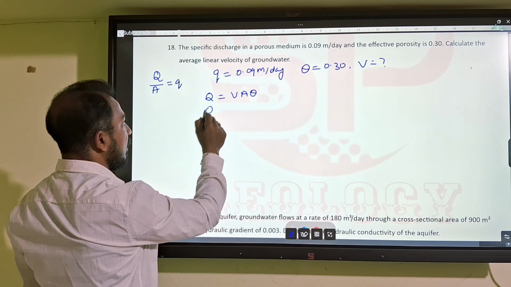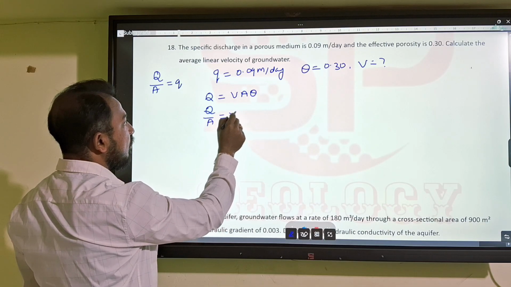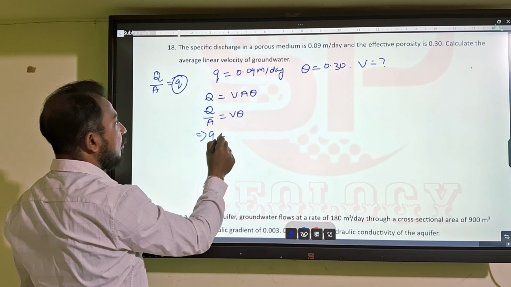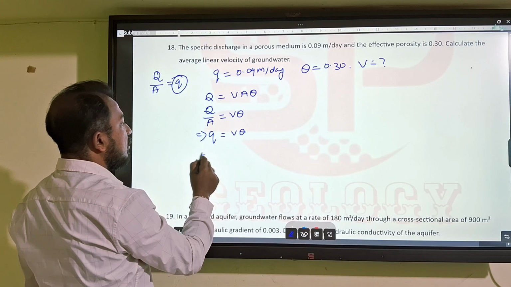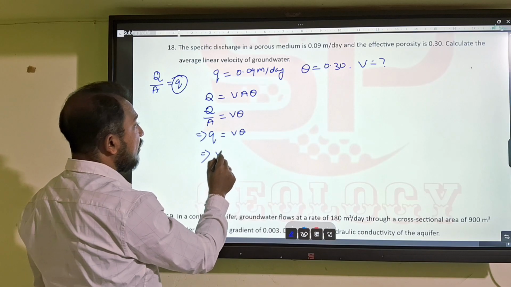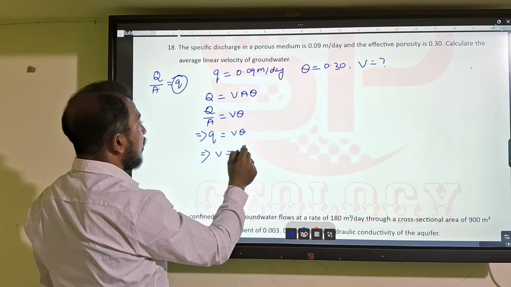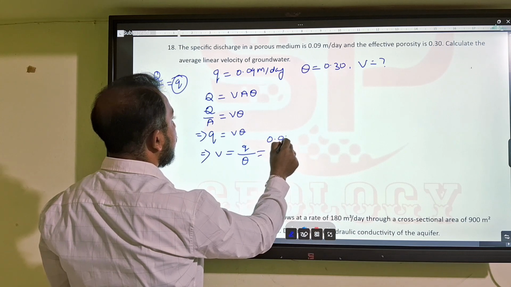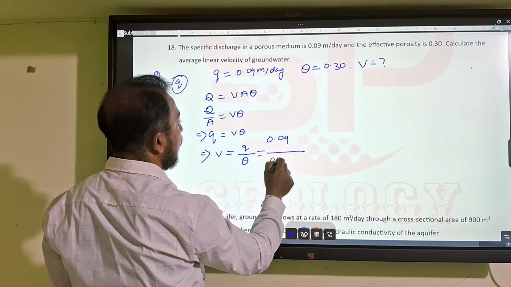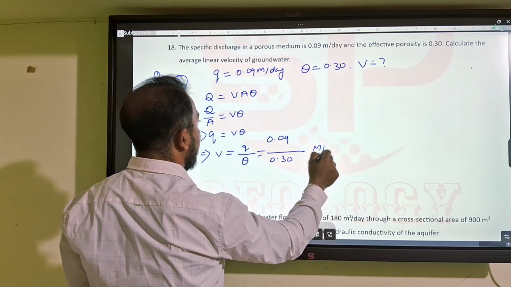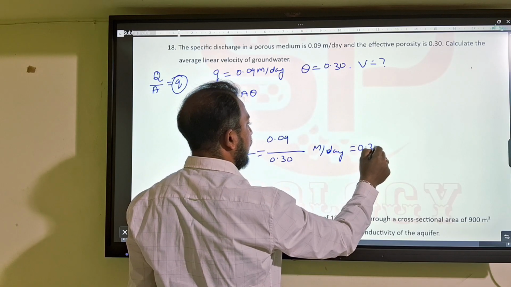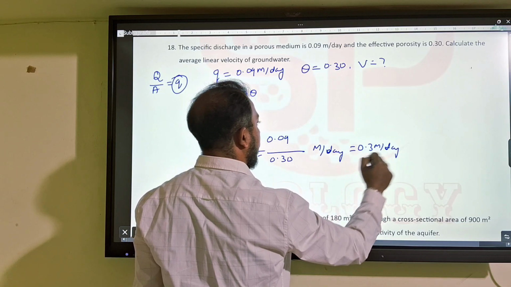So now you can write down Q by A equal to V theta, so V will be your q by theta. So q is given 0.09 divided by 0.30. The unit will remain the same, meter per day. It will be 0.3 meter per day.